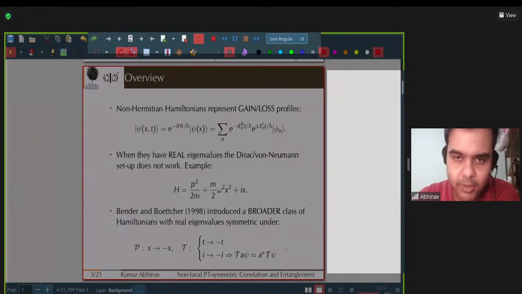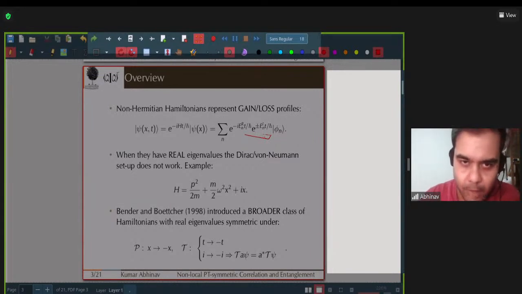There will be an imaginary part, and because of that, in the so-called unitary evolution, the second term will have a real exponential rather than a phase, meaning there won't be any i. So your amplitude can decay or rise. That is the gain and loss concept from PT symmetry. That was expected and seen everywhere, whenever we have a lossy system; mostly in physics, you don't see gainy systems.